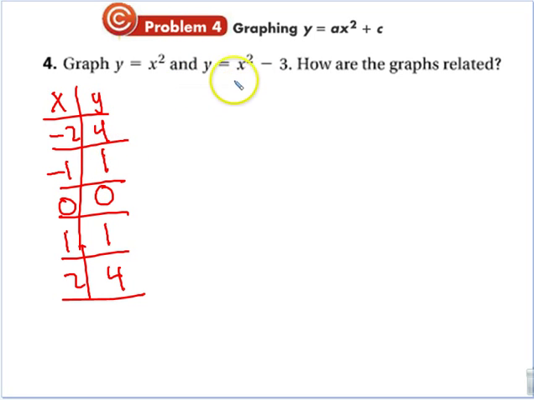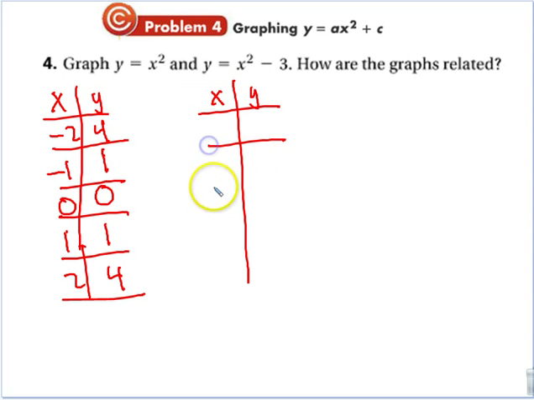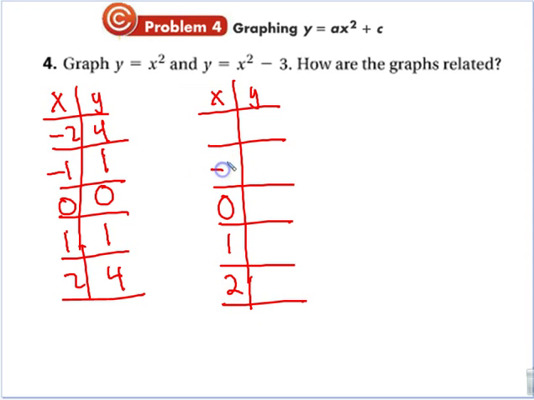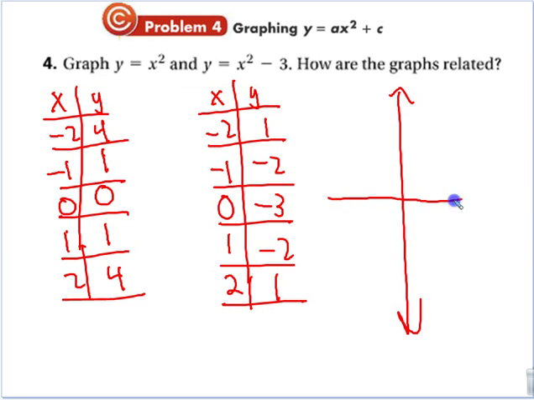Now I'm going to make a table for this one. Notice I always put the same numbers in. So this is 0, that's negative 3 now. This is 1, this is negative 2, this is 2, this is 1, so this is negative 2, and this is positive 1. Then I look at the graphs.